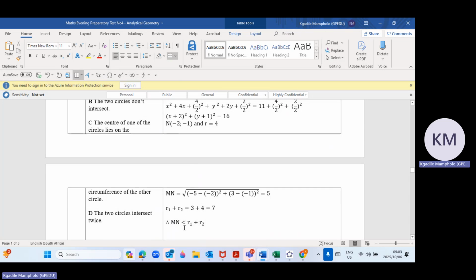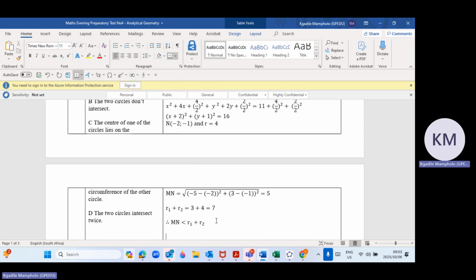If they were equal, the circles would intersect once. If the distance between the centers is greater than r1 plus r2, the circles don't intersect. But in this case, because MN is less than r1 plus r2, the circles intersect twice.